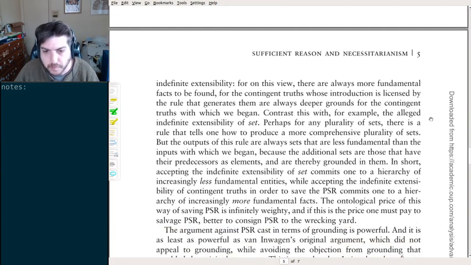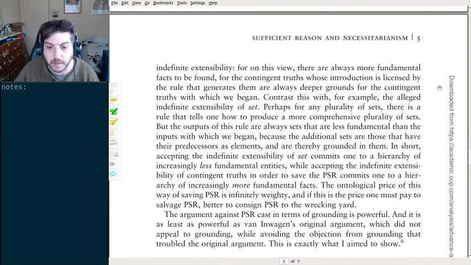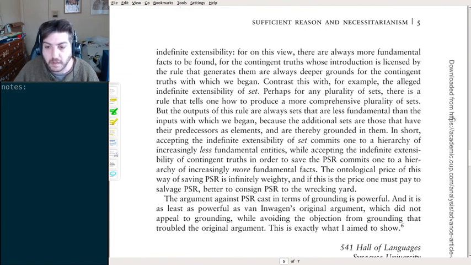Yeah, maybe. Contrast this with, for example, the alleged indefinite extensibility of set. Perhaps for any plurality of sets, there is a rule that tells one how to produce a more comprehensive plurality of sets. Okay, yeah, take the union of them or whatever. But the outputs of this rule are always sets that are less fundamental than the inputs with which we began, because the additional sets are those that have their predecessors as elements and are thereby grounded in them.